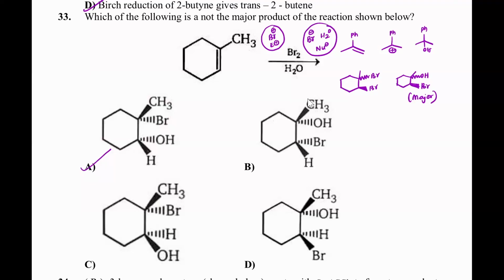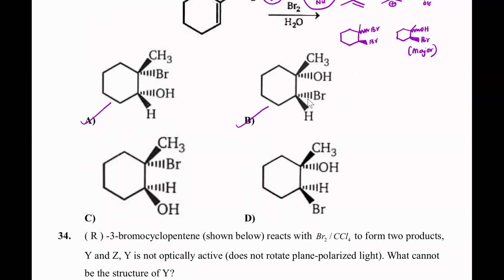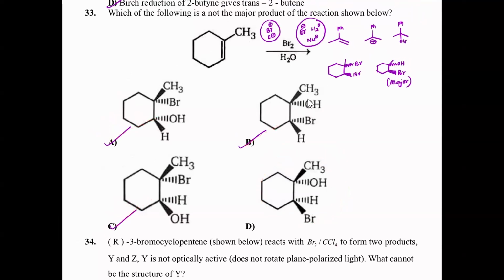Next, the second one, syn. Syn can come here, but again, it is a very, very minor product. C: can OH come on this position with opposite form? It can, but it is a minor product. The only major product given is D. So D is the only one which is major. The rest are either minor or in traces.